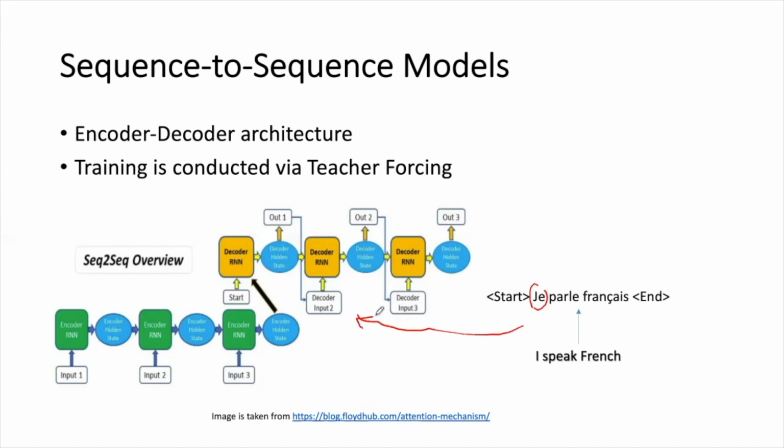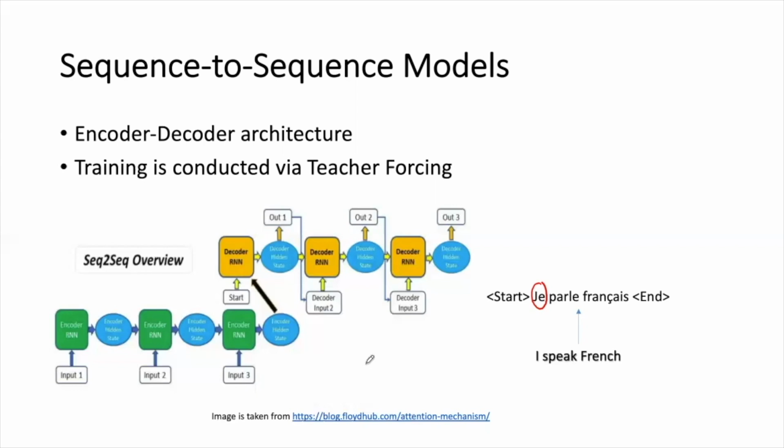So instead of passing what has been generated here, we can take the word from the reference sentence. That is what happens during training. During training, this helps us do faster training for the decoder. So that's the benefit of it.